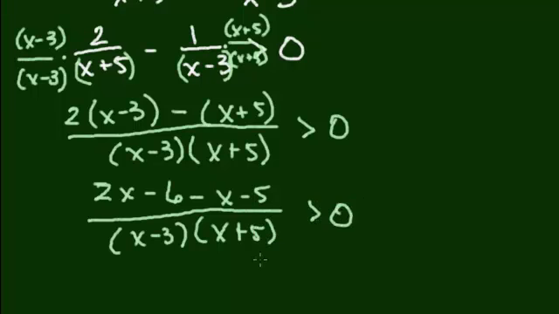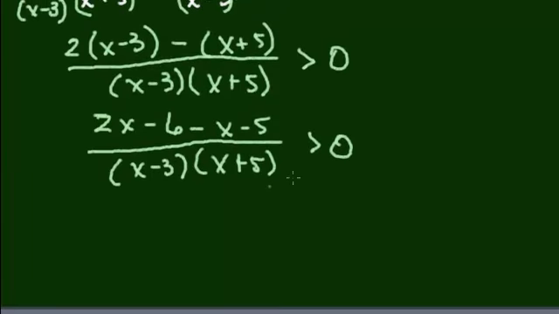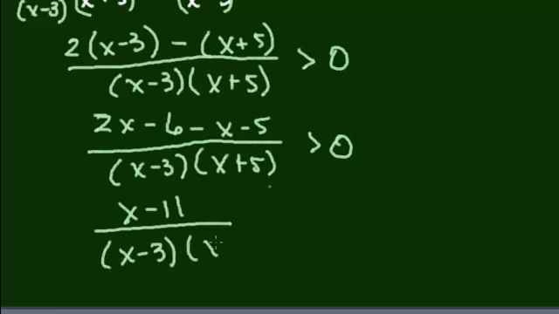Now I can combine a few things here. I'll have x minus 11 all over x minus 3 times x plus 5 greater than 0.